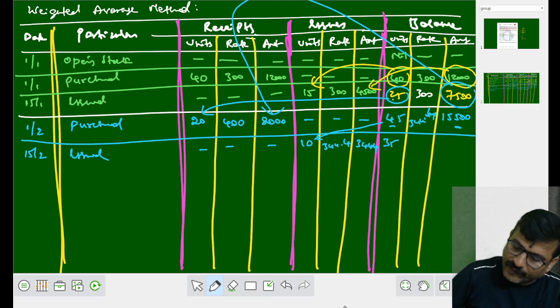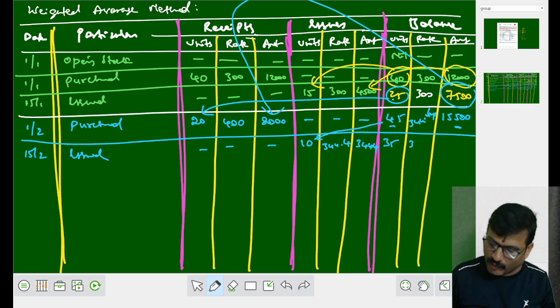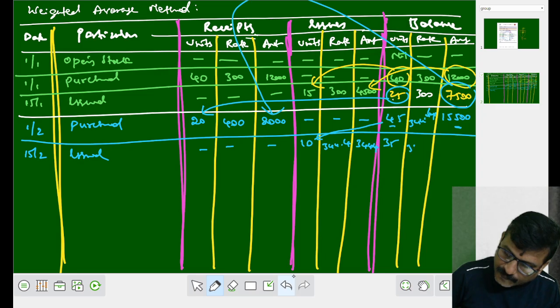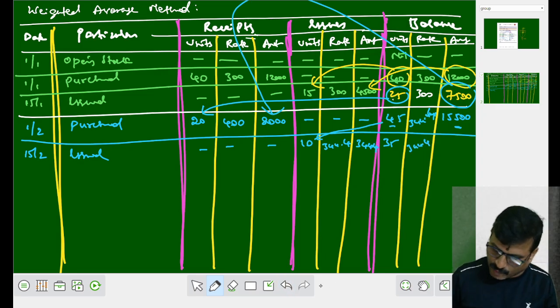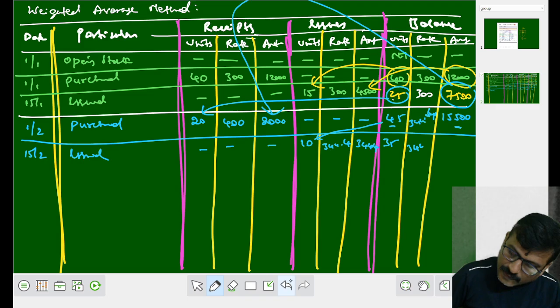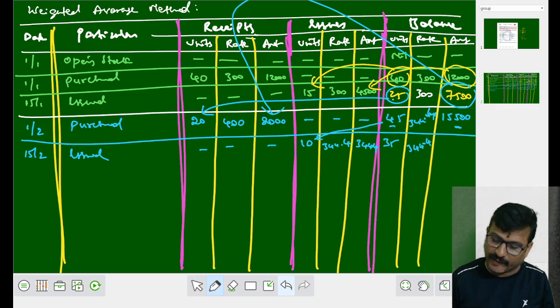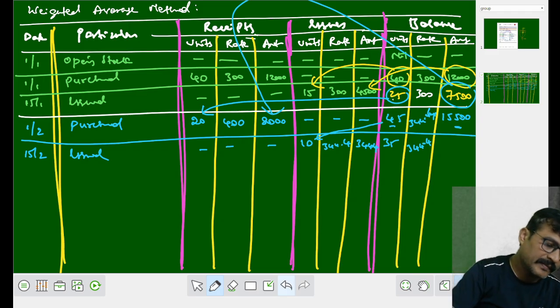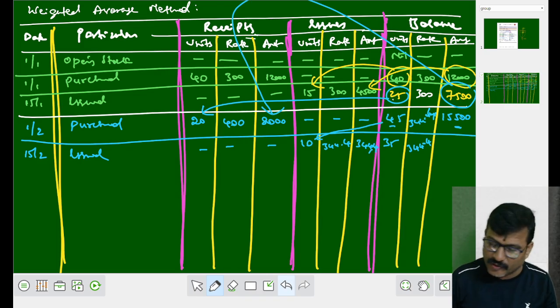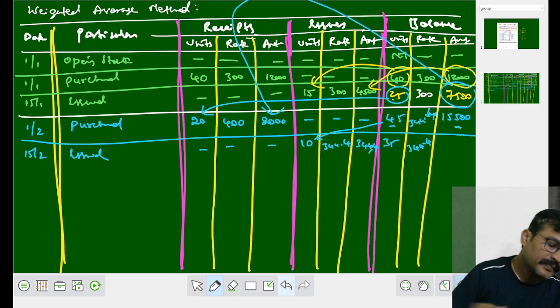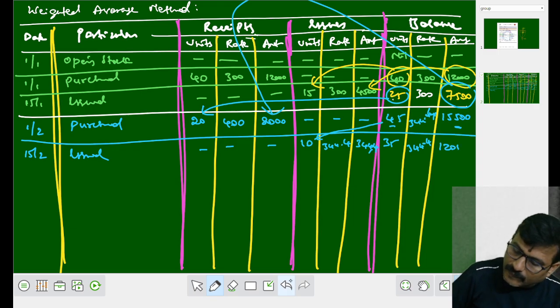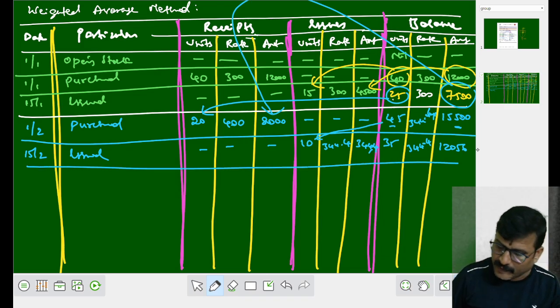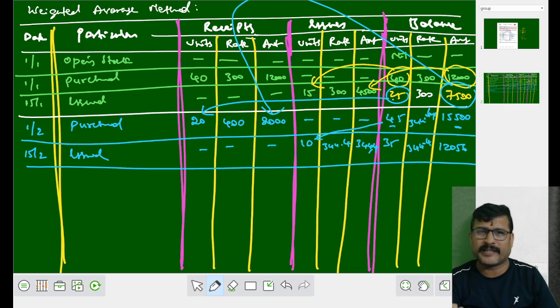We are getting 35 units. The rate remains the same, we won't get any change in the rate. 344.4. So 35 units, and minus 15,500 minus 3,444 gives 12,056.